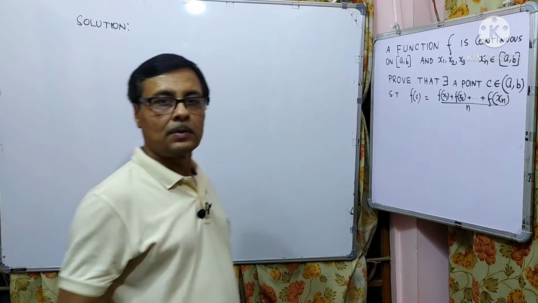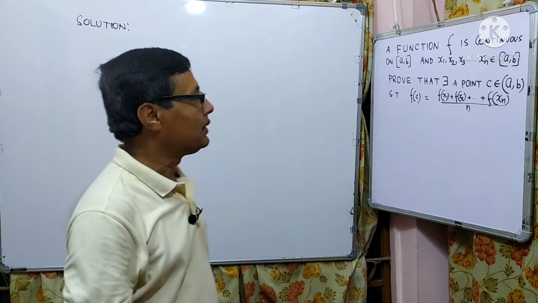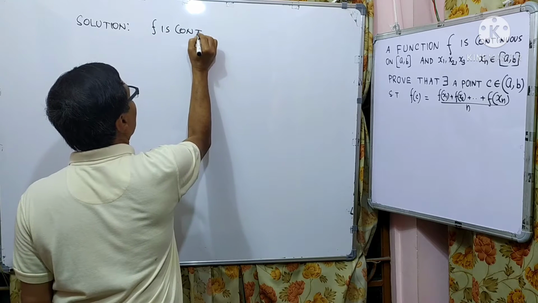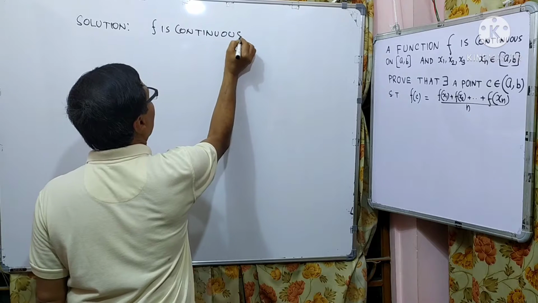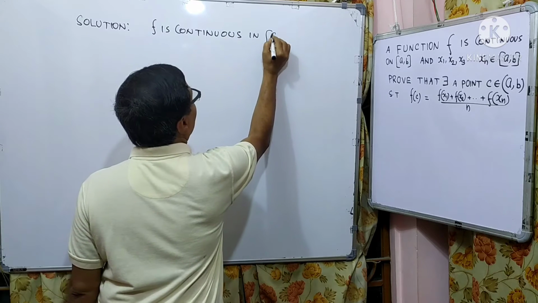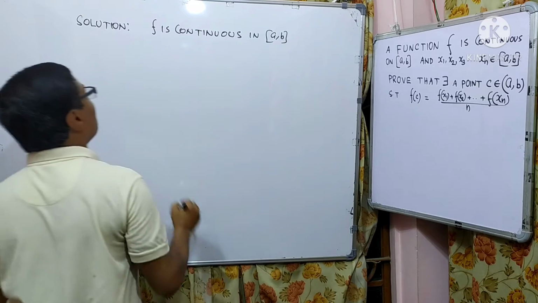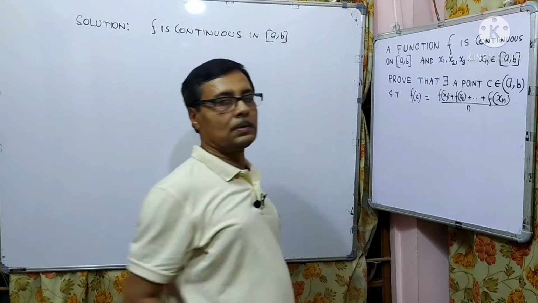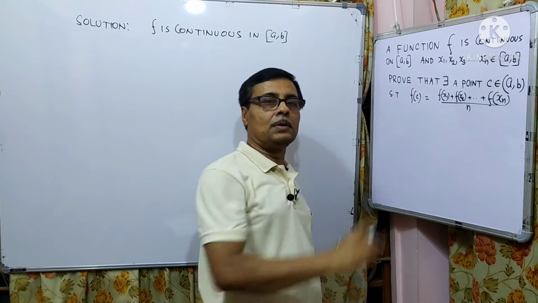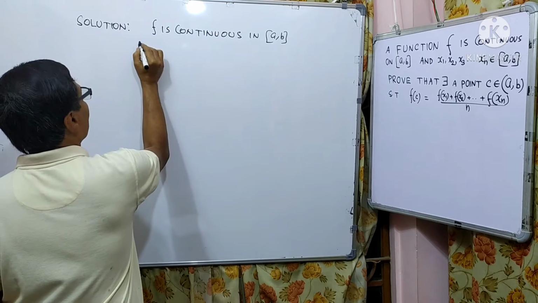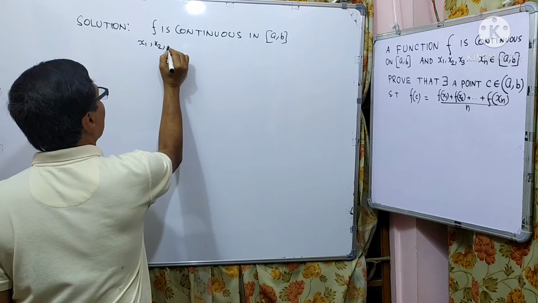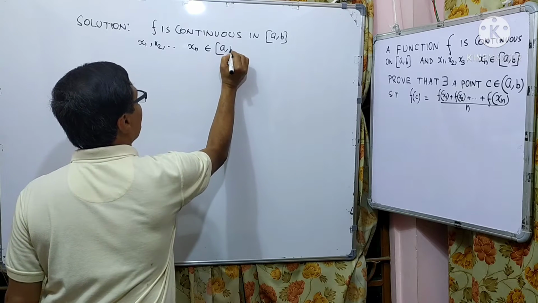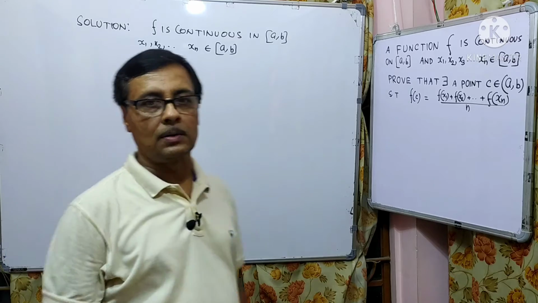Here f is continuous on the closed and bounded interval [a, b], and the points are taken as x1, x2, x3, ..., xn, all belonging to this closed and bounded interval [a, b].